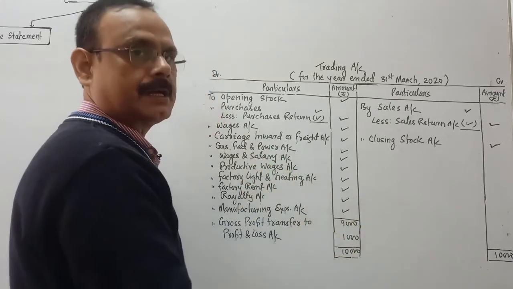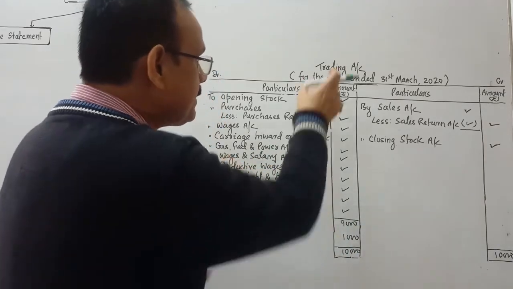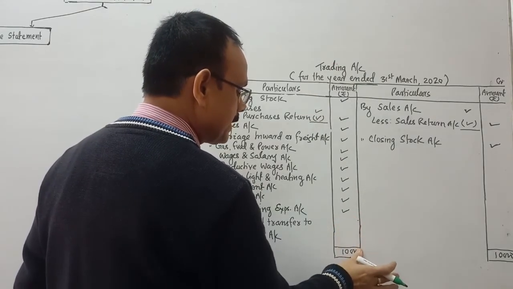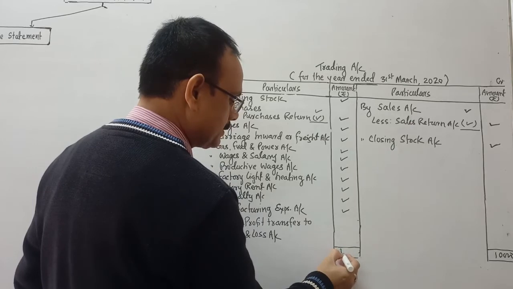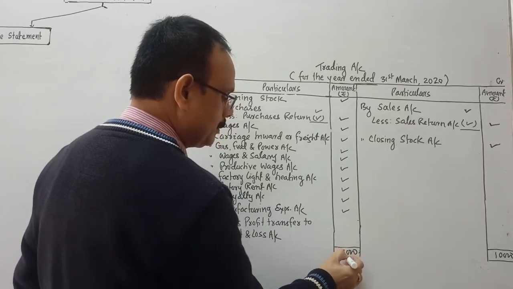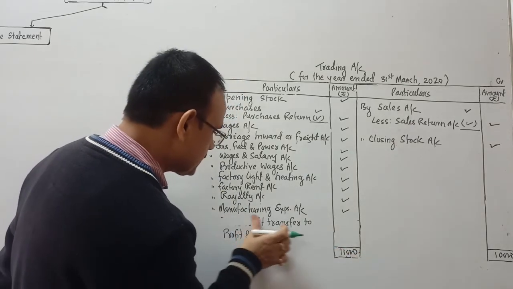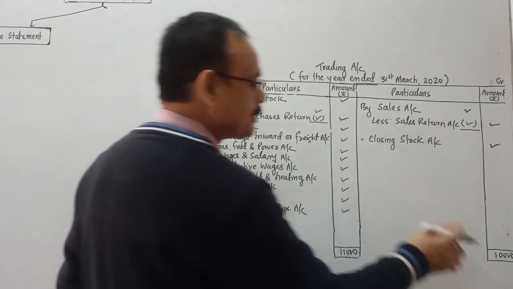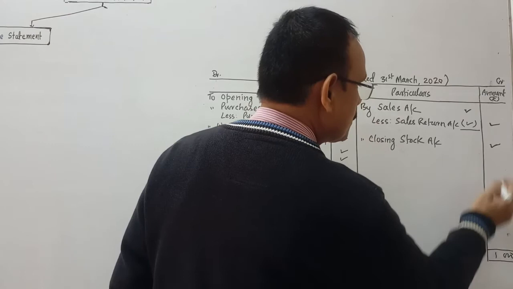Or vice versa. Suppose the debit side total is more, say 11,000. Then instead of gross profit there will be a gross loss, because debit is more and credit total is less.